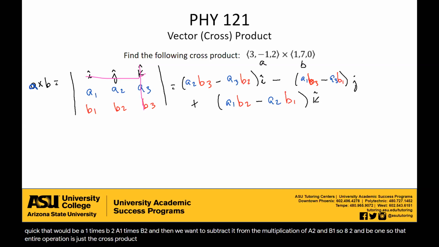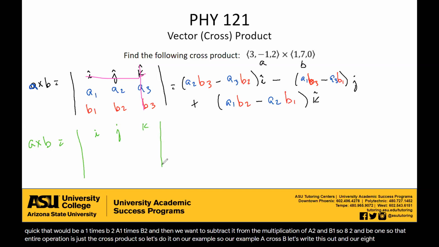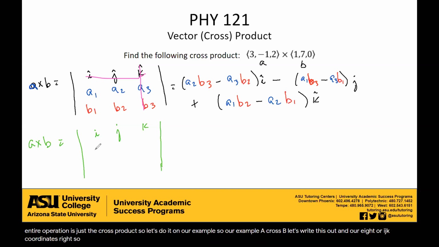So let's do it on our example. A cross B, let's write this out. The I, J, K coordinates: the I component for the A vector is 3, the J component is -1, the K component is 2.